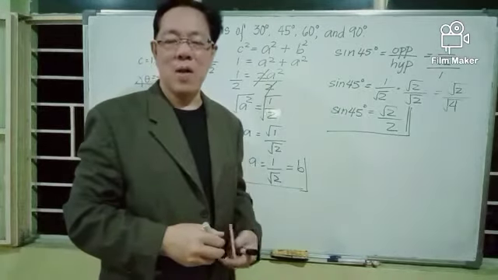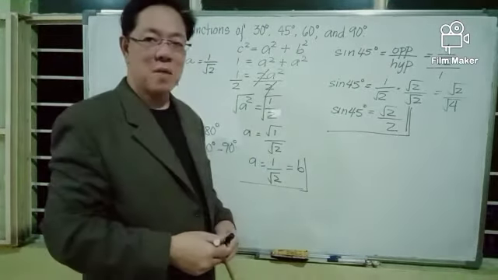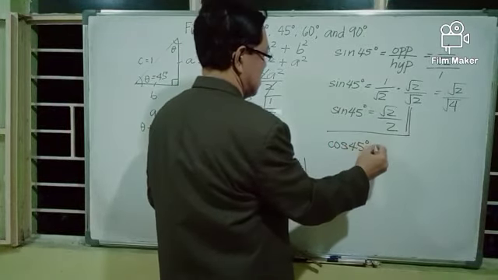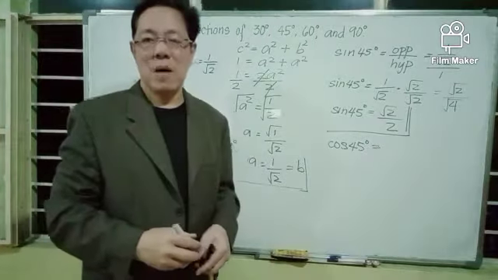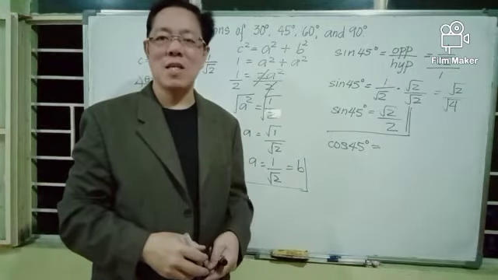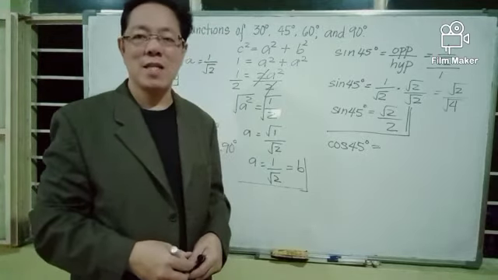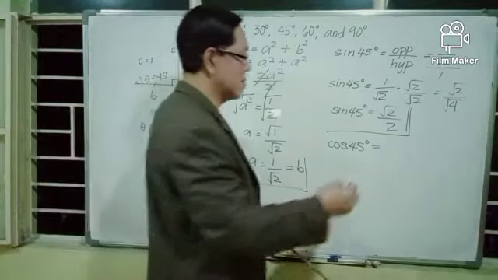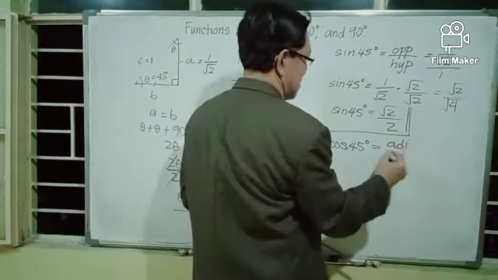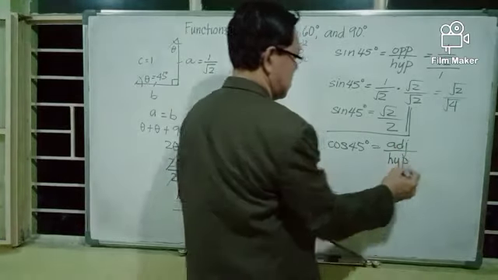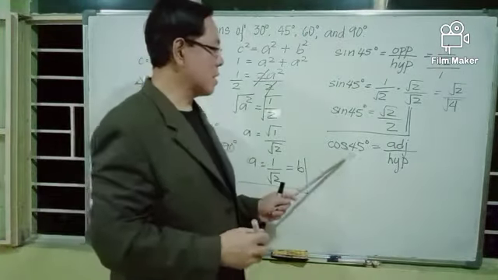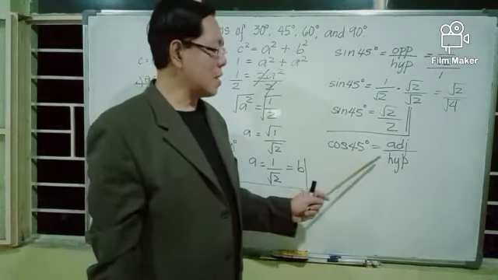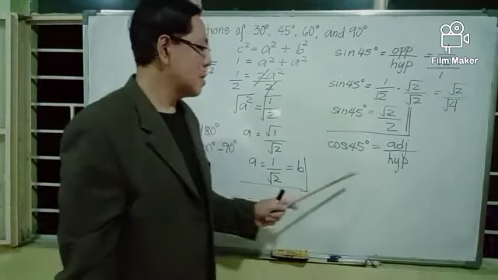Now we find the value of the cosine of 45 degrees. From our past lesson, the cosine of an acute angle is equal to the ratio of the adjacent side and the hypotenuse. Hence, cosine of 45 degrees is equal to the side adjacent to the acute angle 45 degrees divided by the hypotenuse.